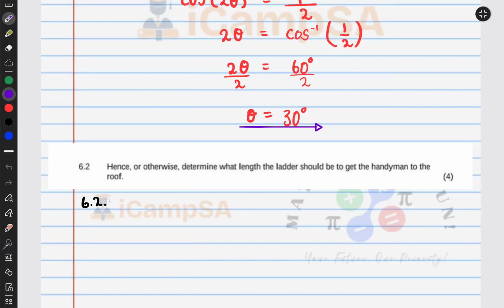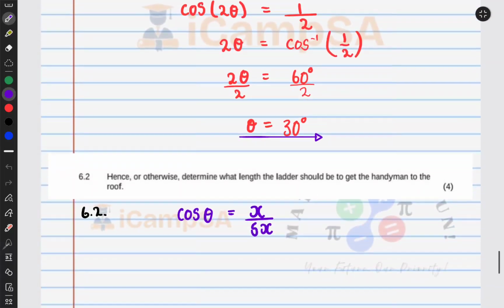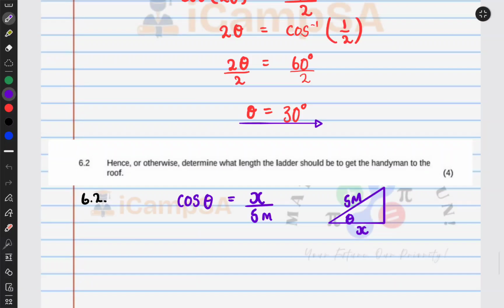Let's start by calculating cos theta. Cos theta, where theta we know is 30 degrees, is equal to x, the adjacent side, over 5 meters. This is the triangle that we are focusing on with angle theta, length x, and 5 meters, the smaller one.